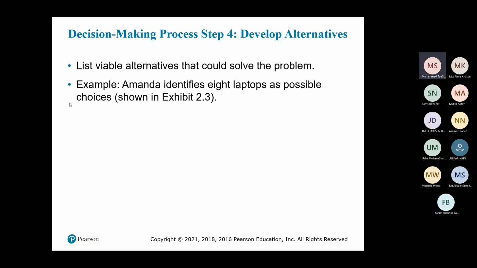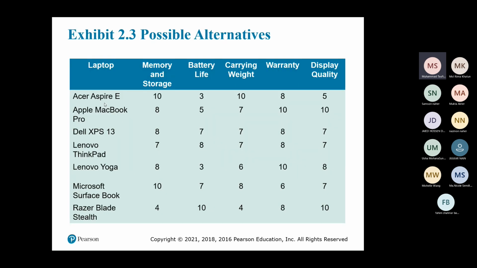For this example, Amanda identified eight laptops as possible candidates for her choices. So these are the choices that Amanda already listed down. We have here Acer Aspire E, and then Apple MacBook Pro, and then XPS 13.